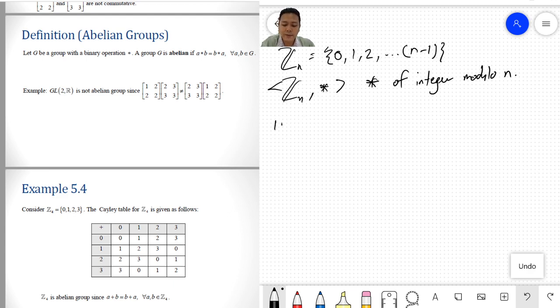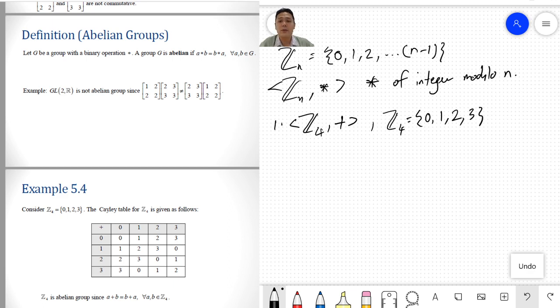If I define Z4 under the binary operation of plus, you should know by then that Z4 must consist of 0, 1, 2, 3.